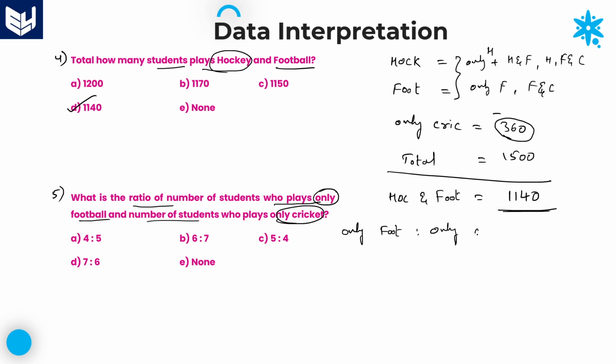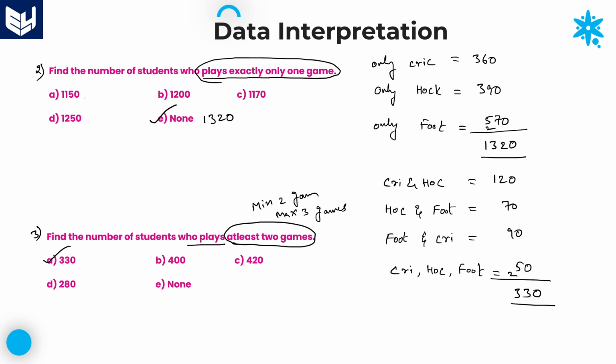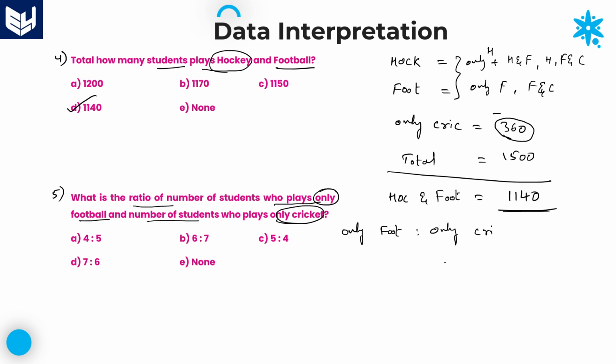First one is only football, second one is only cricket. If you observe carefully, only football is 570, only cricket is 360, right? You just take those two values. Only football is 570 is to only cricket 360.